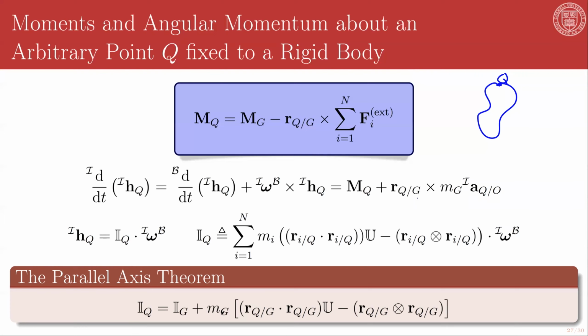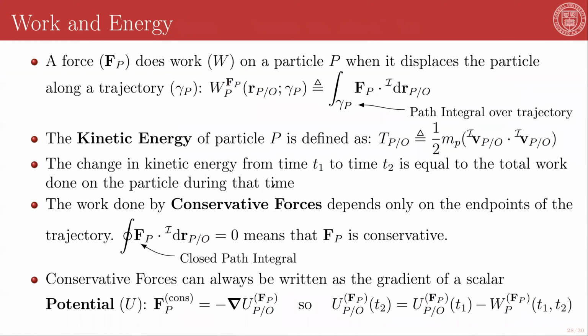Switching gears a little bit, in addition to the Newtonian dynamics that we get straight from Newton's second law, there are some incredibly powerful tools that we can develop by also thinking about work and energy.